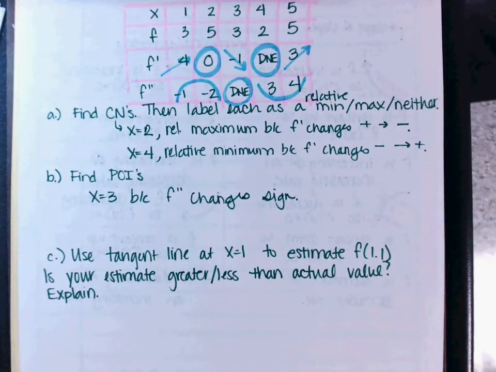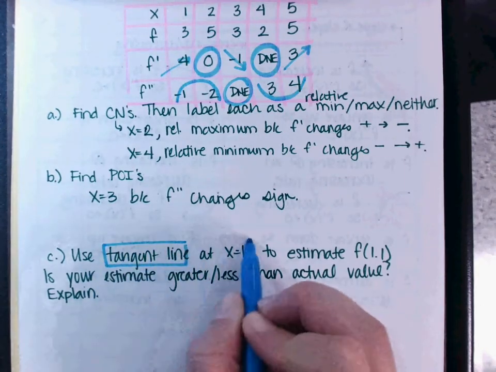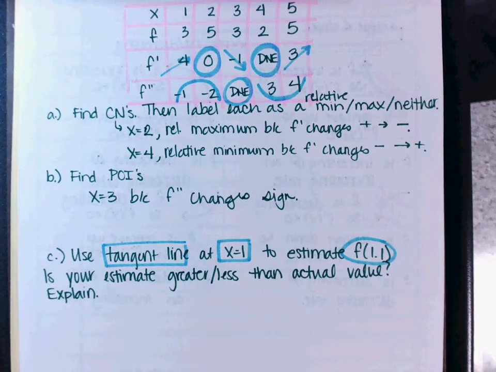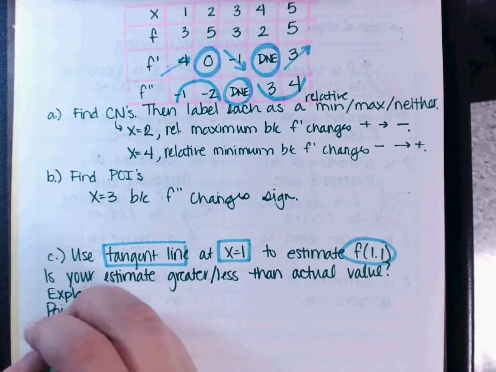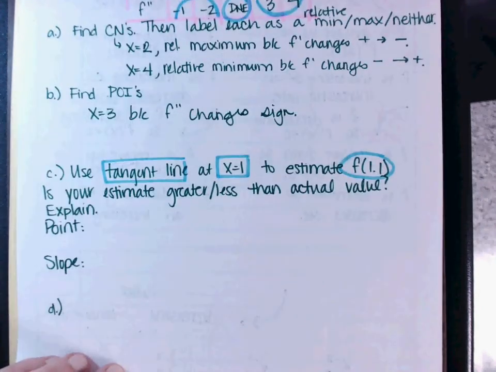Letter C says, use the tangent line at x equals 1 to estimate f at 1.1. So that part you should already know how to do. What am I going to start with if I want to write a tangent line? Two things: a point and a slope. Now, what is the x of my point?